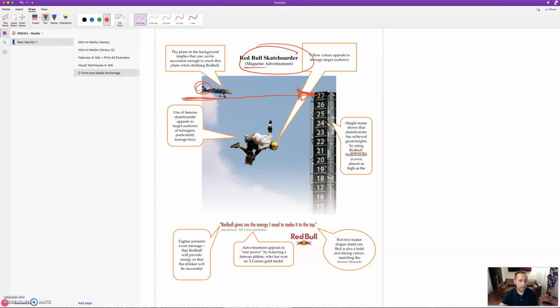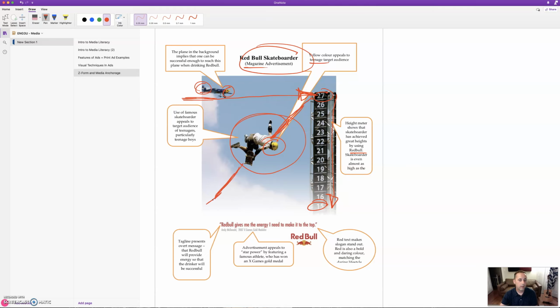But this number goes down in terms of the actual number count. But our eye doesn't immediately go down. Our eye bounces from here and goes straight to the skateboarder. And the yellow helmet can appeal to a teenage audience and catches our eye. And there's kind of a yellow on the plane there. But that catches our eye, and he's smack dab in the center.